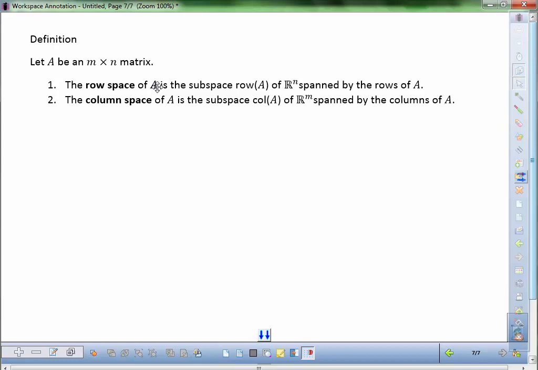We can look at the row space of a matrix by looking at its rows, or the column space by looking at its columns. And then from there you can create a subspace of either Rn or Rm if you don't have a square matrix.